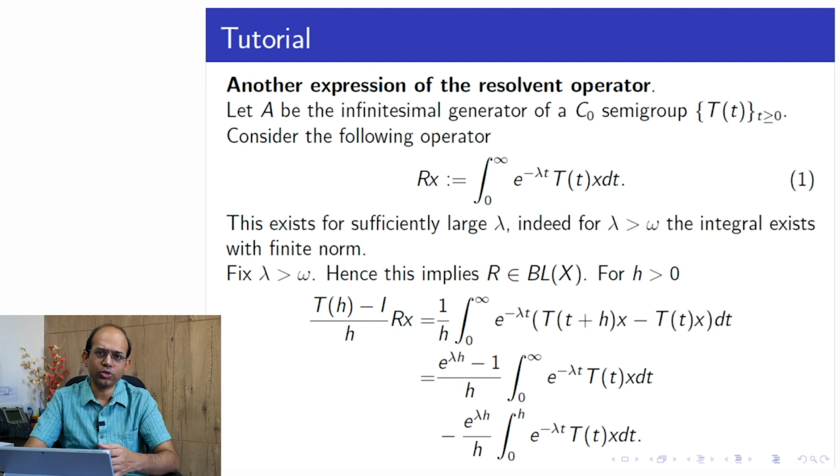So this is basically an equivalent condition. There is no additional condition for this expression. And for this reason, in fact, many authors take this as the definition of the resolvent operator. Unlike us, we have taken (lambda I minus A) inverse as the definition of the resolvent operator.